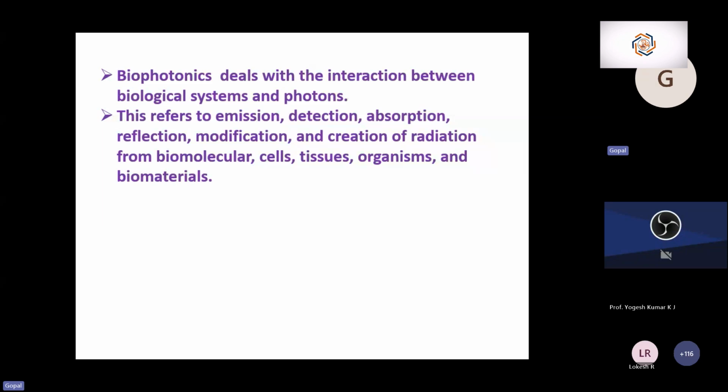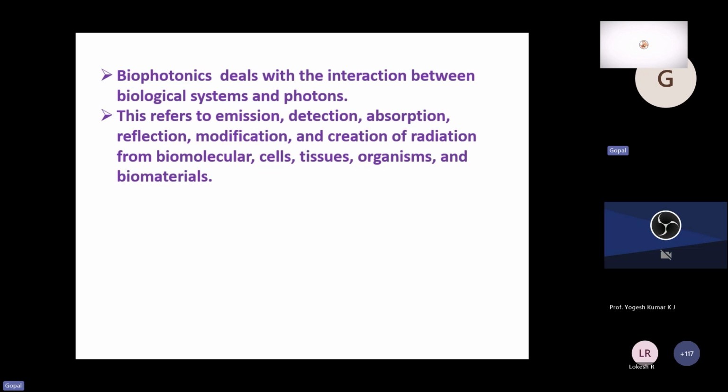Biophotonics deals with the interaction between biological systems and photons. This refers to emission, detection, absorption, reflection, modification and creation of radiation from biomolecules, cells, tissues, organisms and biomaterials. Here biomaterials come in because sometimes you cannot directly get the information from the cells or tissues.